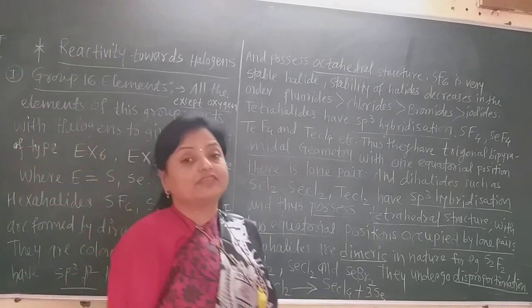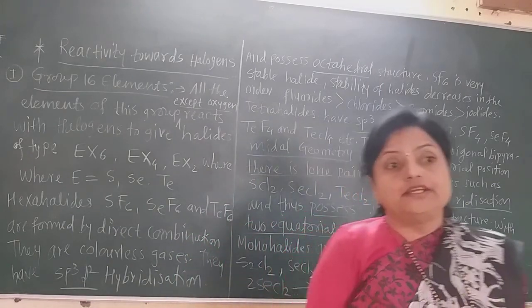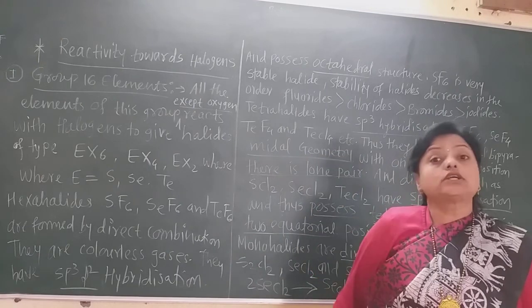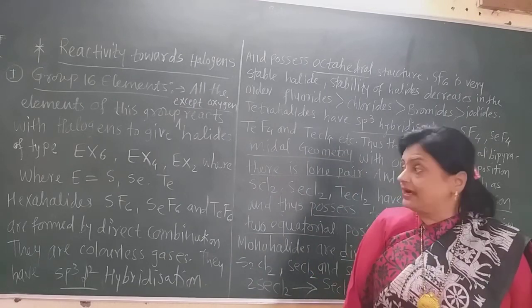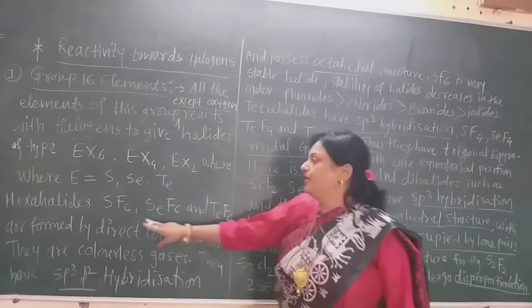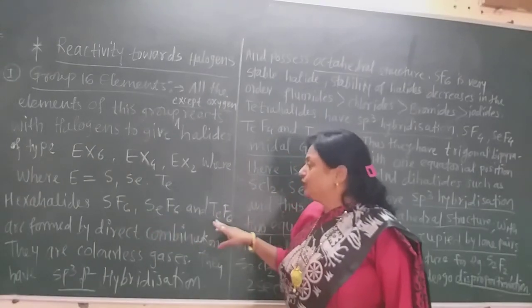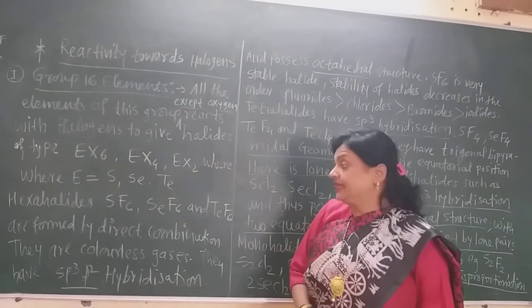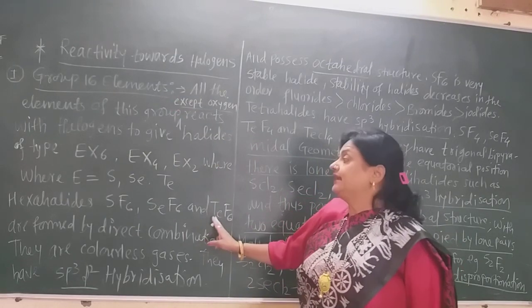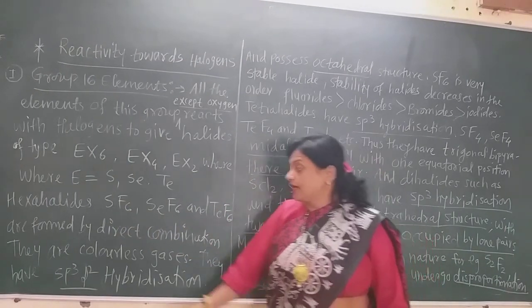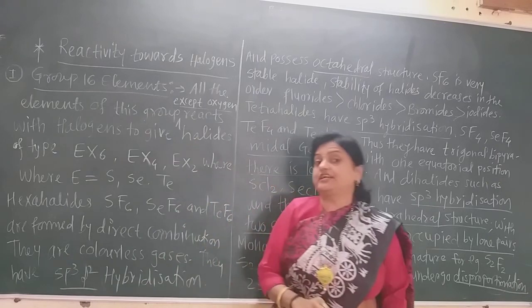We know from 11th standard how sp3d2 hybridization gives the octahedral structure, and all these hexahalides of sulfur, selenium, tellurium have such octahedral geometry because the central atom undergoes sp3d2 hybridization.